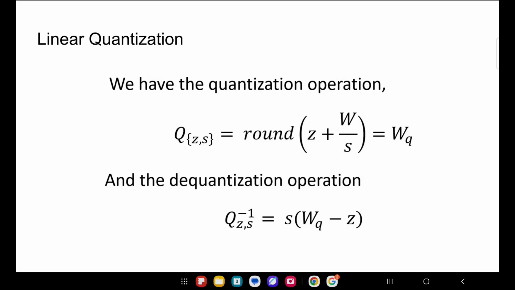We have discussed this in the previous video, which you should take a look at. For linear quantization, we can take the quantization operation as the inverse scale of the weights W plus a zero point Z, and then we do a rounding operation on that. The dequantization process should remove the zero point and multiply with the scale.